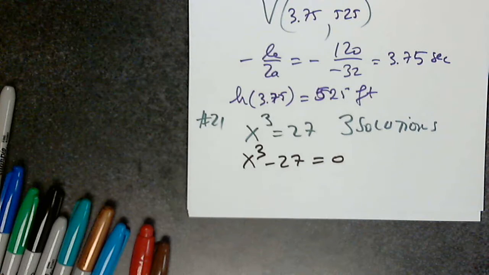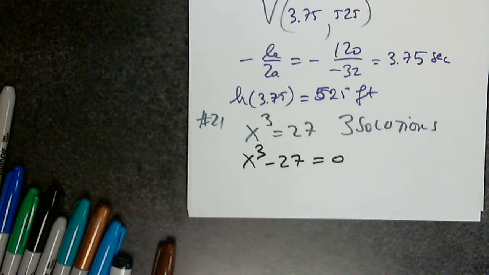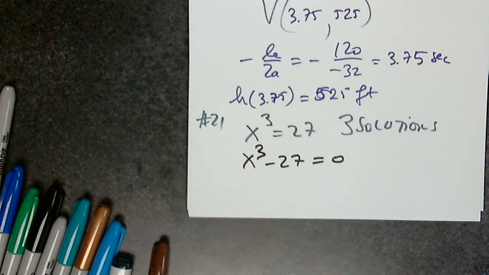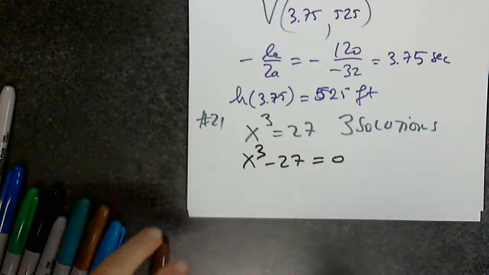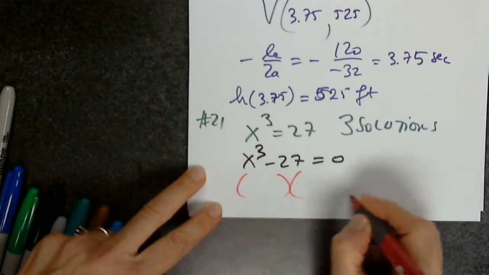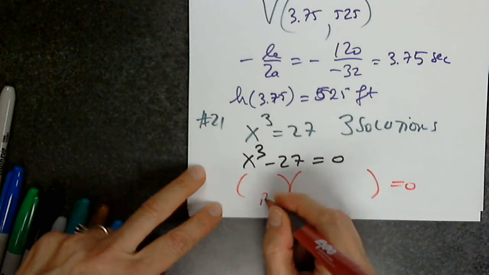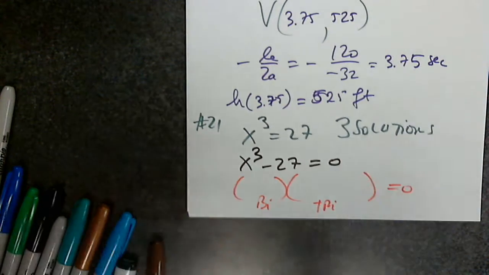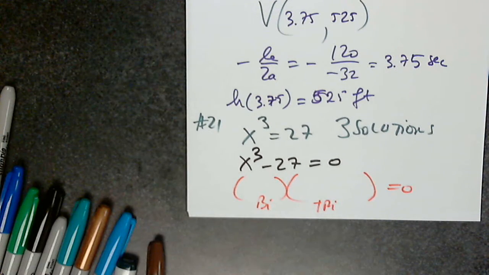It's a binomial. I have 4 special products for binomial. However, only 2 for difference and 2 for the sum. So what do you think this is? Difference of cubes. Once you say difference of cubes, then we will have to find a binomial and a trinomial.